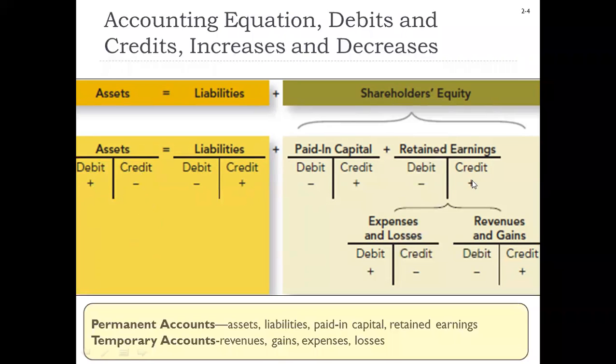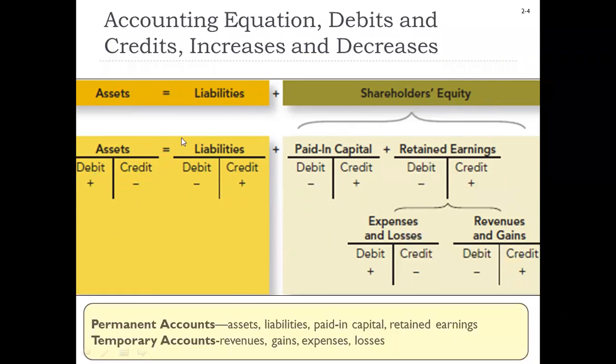So notice for all the accounts, the debits are on the left side, the credits are on the right side, but depending on what kind of an account it is, debits may be increases or decreases, and credits may be increases or decreases. So for assets again, increases in assets are debits, decreases in assets are credits.